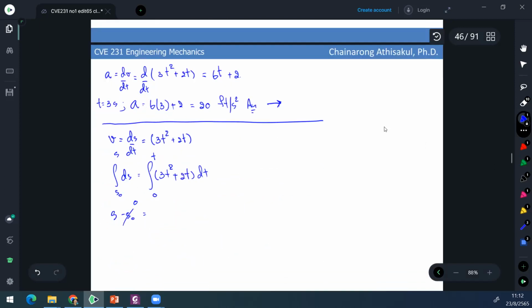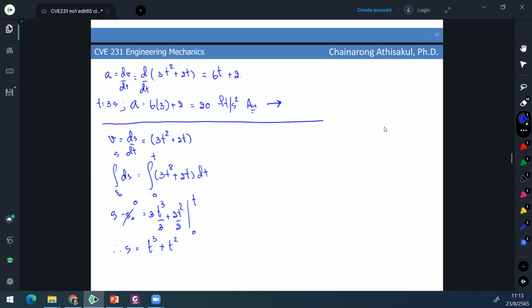So it becomes 0. And we integrate this term, we get t cubed plus 2t squared over 2, and the limit of integration is from 0 to t. So according to this, we have s equal to t cubed plus t squared.